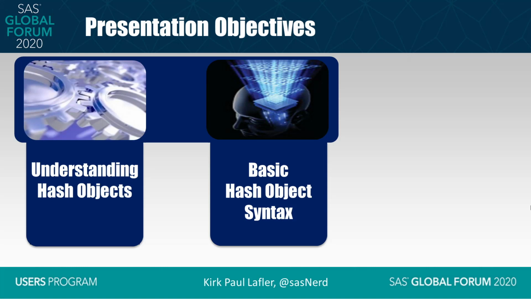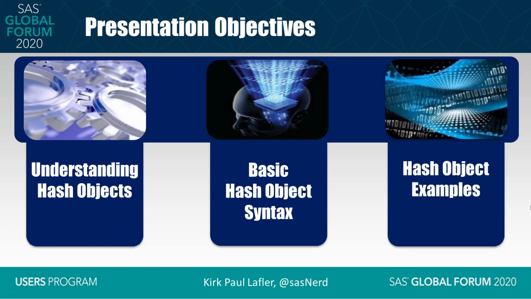We'll explore the syntax related to using the hash objects themselves. Then we'll turn our attention to hash object examples. I'll cover examples from search or lookup to match merging techniques and sorting, both ascending and descending sorts.